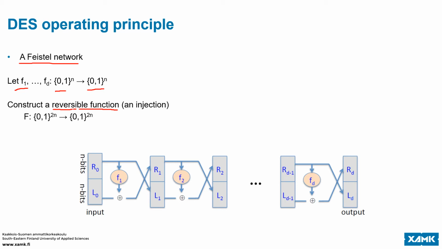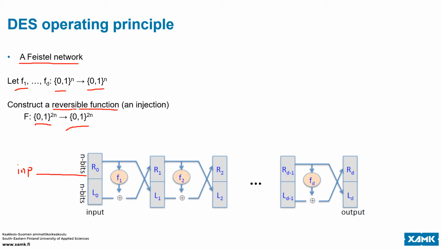So what a Feistel function normally is, it's a function that takes as a parameter some input string and produces a similar binary output string as well. The individual rounds within a Feistel network work somewhat like this. So to begin with, we have the input string, which is split into two.